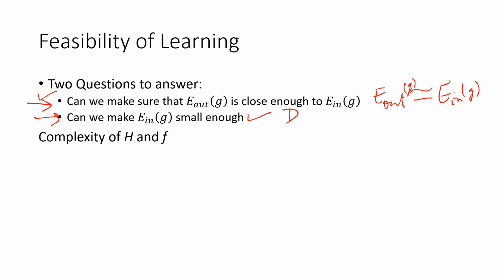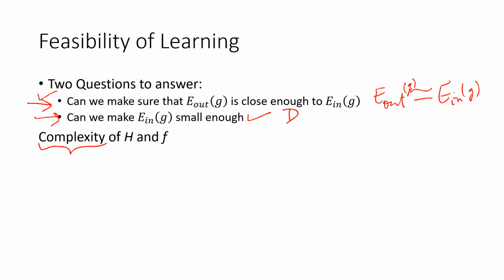Okay, so with these two questions, what we realize is that there are many different components that can play different roles in the learning problem as a whole. One important component, and we'll keep talking about it as we dig deeper, is complexity.